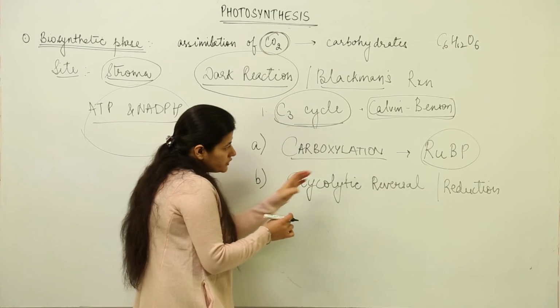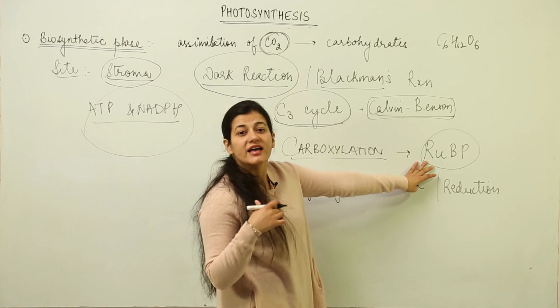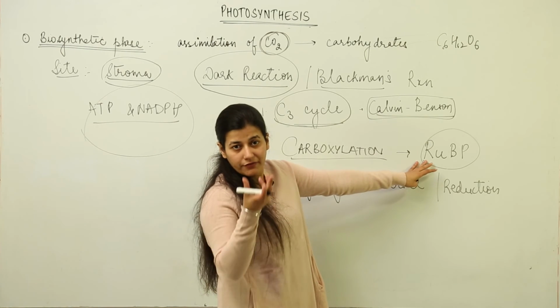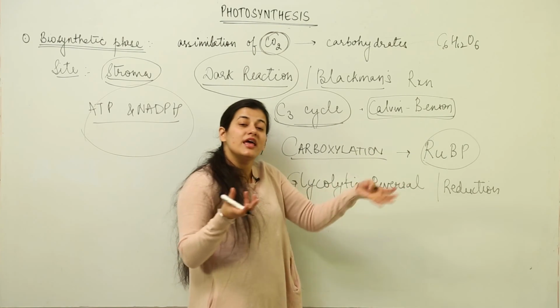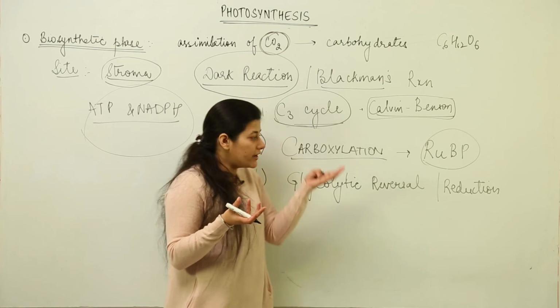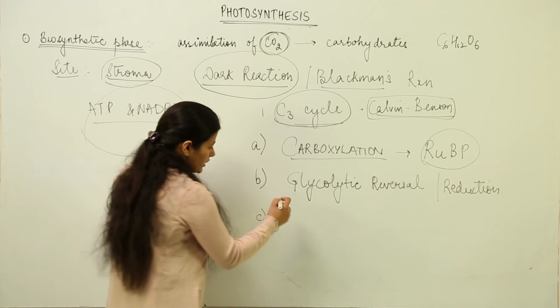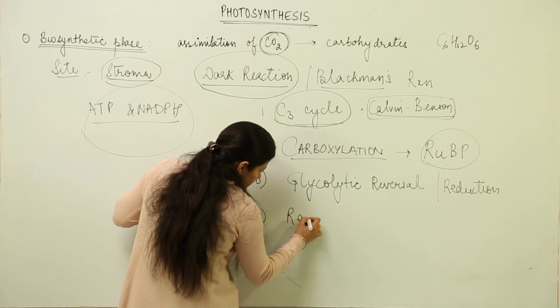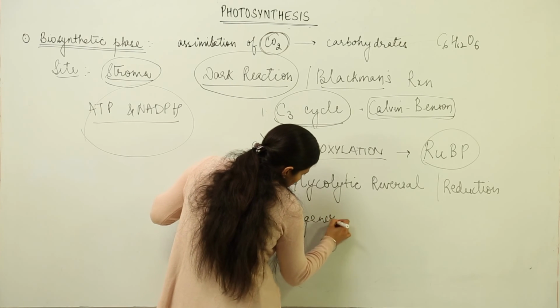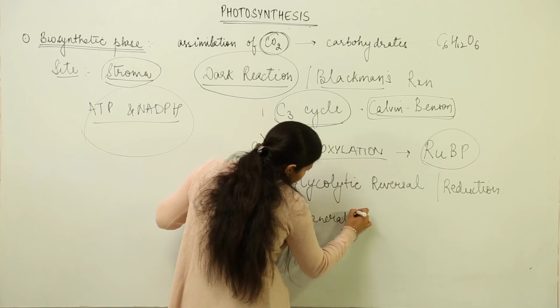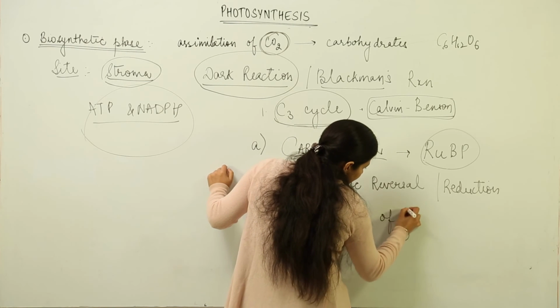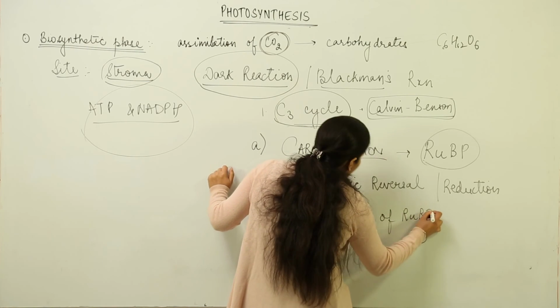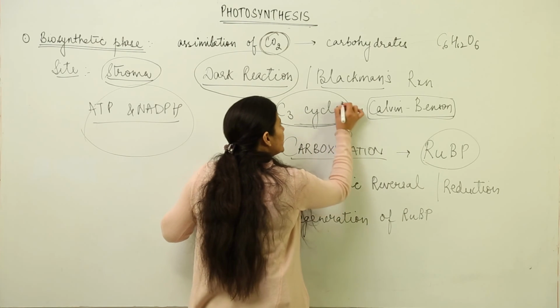Lastly, the one which took up the carbon dioxide has to be regenerated, so that when more carbon dioxide comes up, there is an acceptor for that carbon dioxide to undergo carboxylation. And the last step is regeneration of RuBP. Now, as I have written in the beginning, this is a cyclic process.